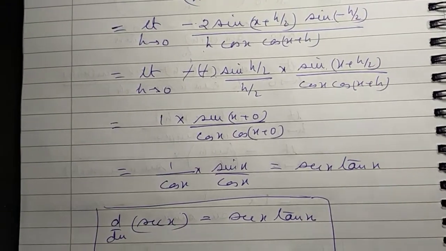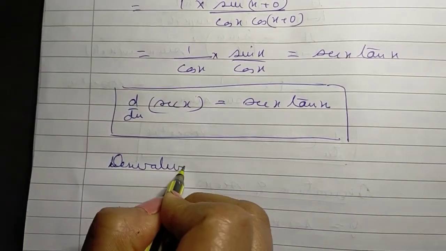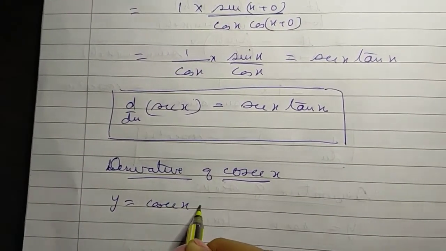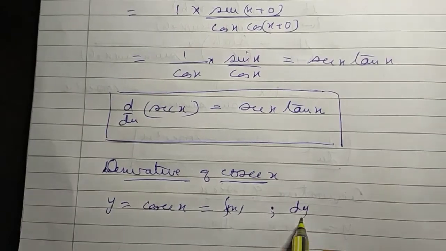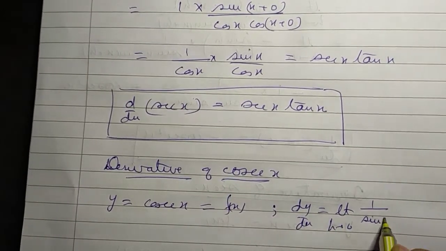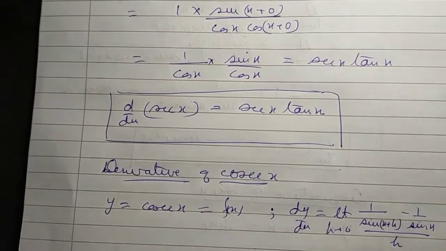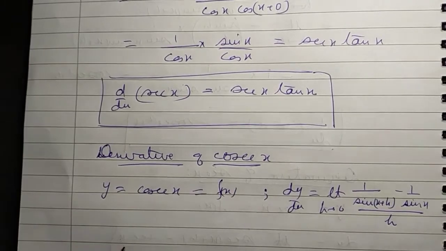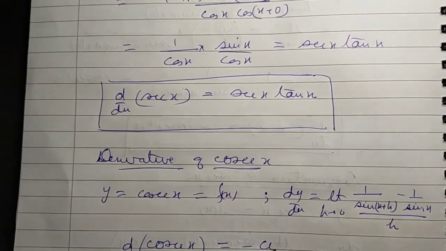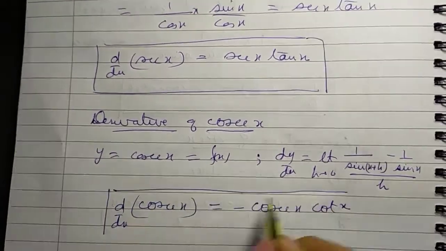Proceeding exactly the same way and applying the results, if you find the derivative of cosec x, we can just take y equal to cosec x equal to f(x), so that dy by dx becomes limit h tending to 0, 1 upon sine(x plus h) minus 1 upon sine x, over h, which on solving gives us the result that d by dx of cosec x comes out to be minus cosec x cot x, exactly as we did for sec x.